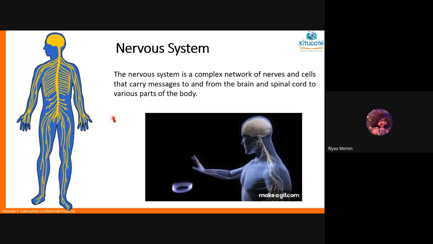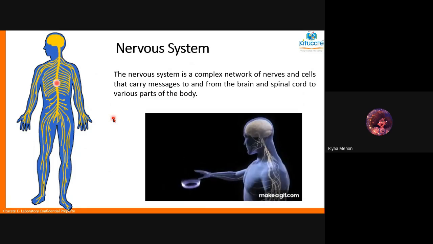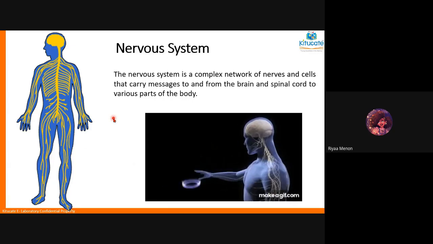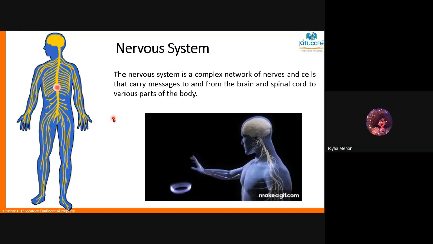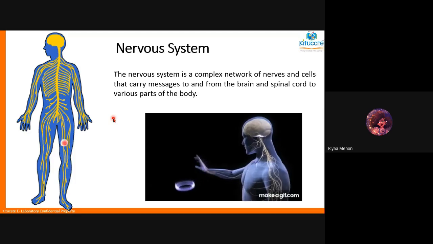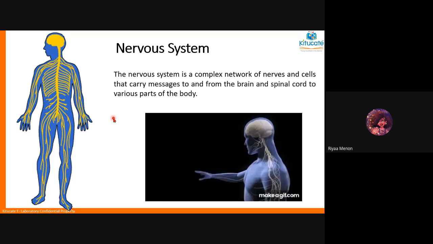So if somebody pinches you, the nervous system will send a message to the brain, and then the brain will react and you sense the pain, but it all happens really quickly.